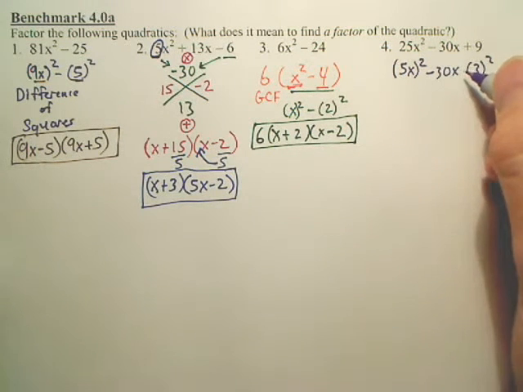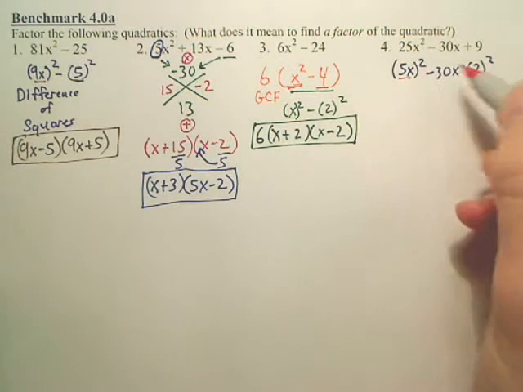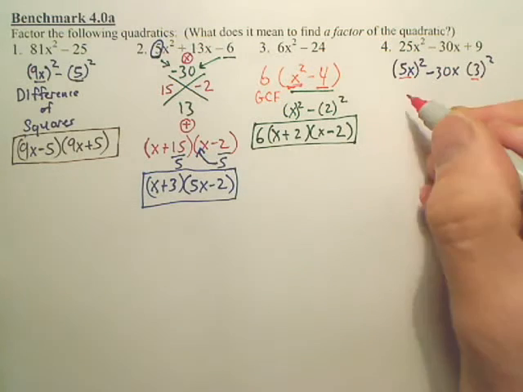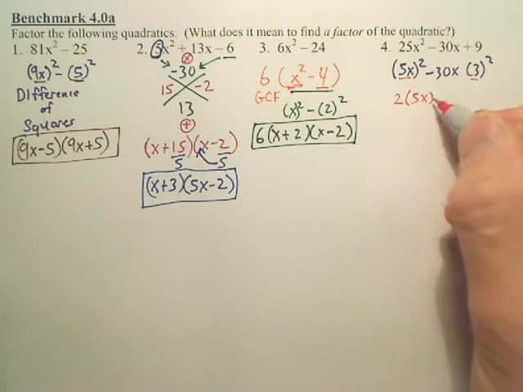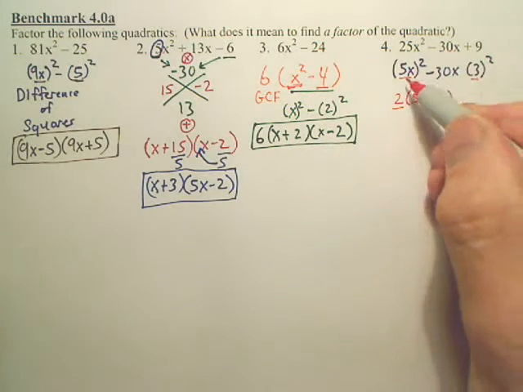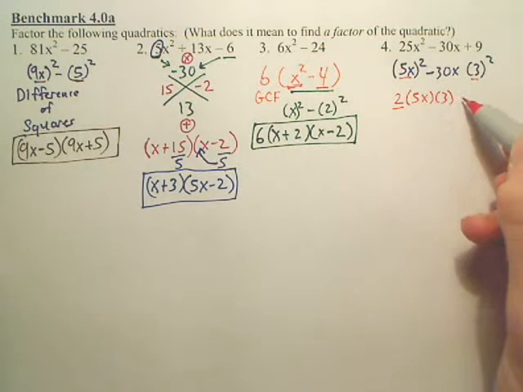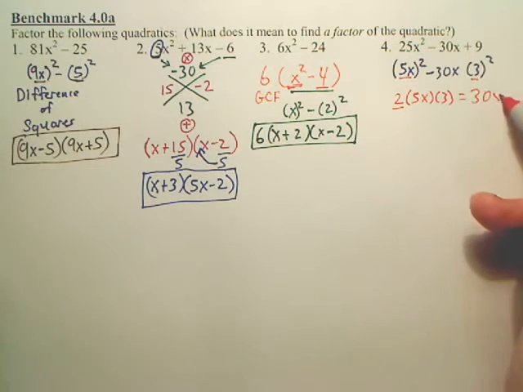Now, to make sure it's actually a perfect square trinomial, what you do is you take these two values, you multiply 5x and 3, and then you double it. That gives you 30x.